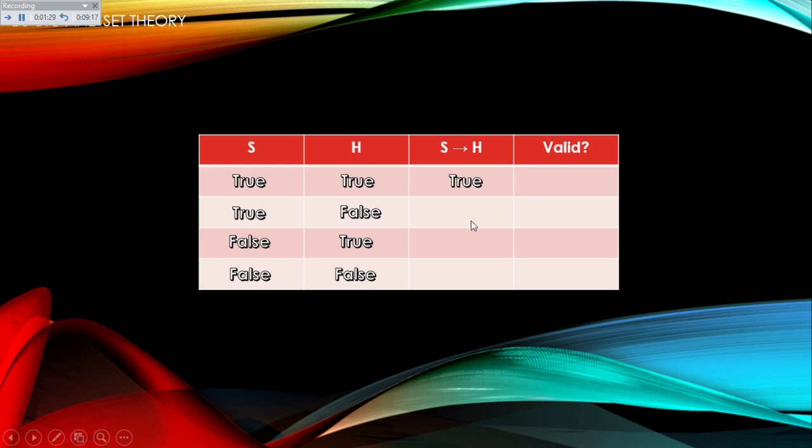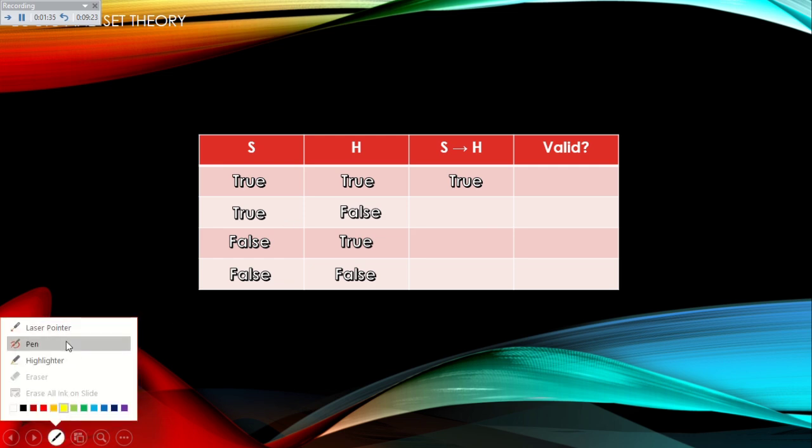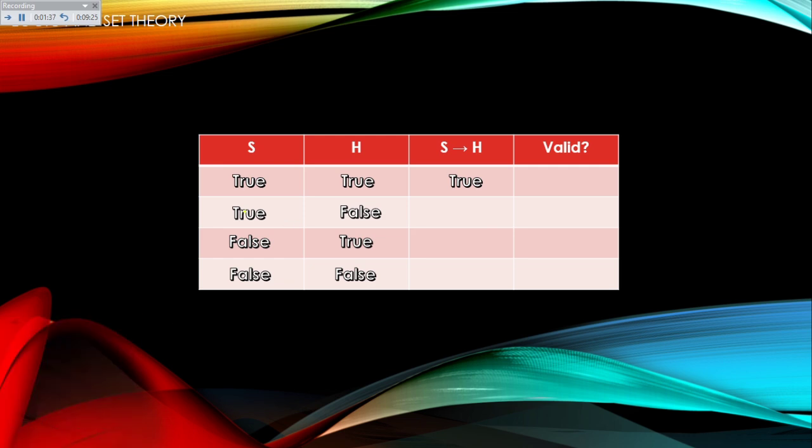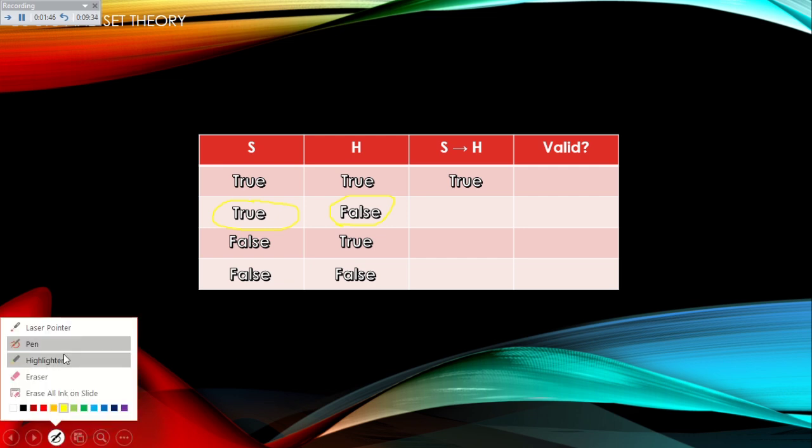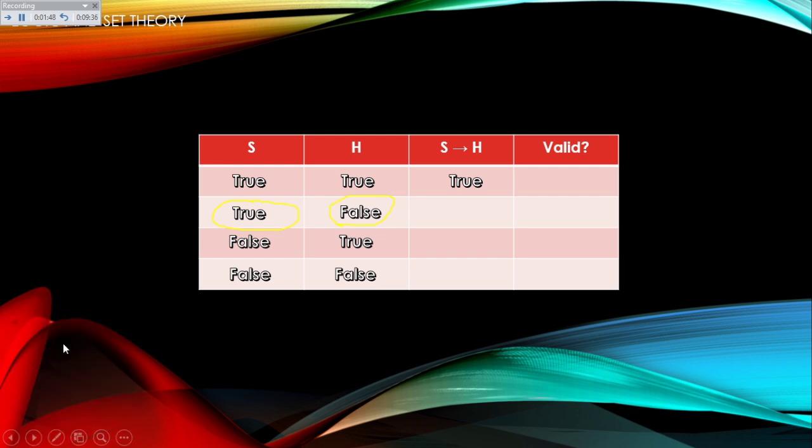Then the second row: S is true, then H is false. The result contradicts the statement, so it is false.